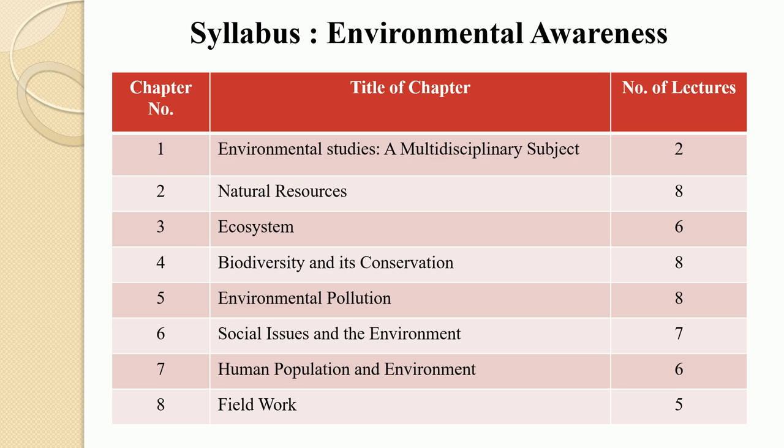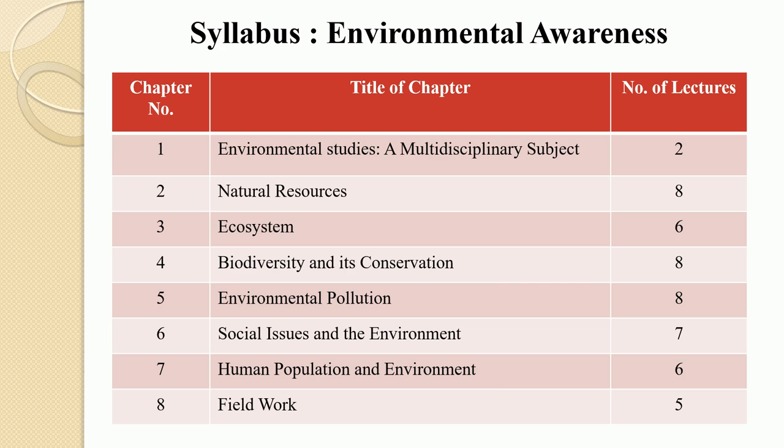As far as the syllabus is concerned, there are a total of 8 chapters which will be taught for the whole year, of which 4 chapters will be taught in the first semester and the next 4 chapters in the second semester, or the fourth semester actually. The first one is environmental studies, a multidisciplinary subject, with 2 lectures allotted.